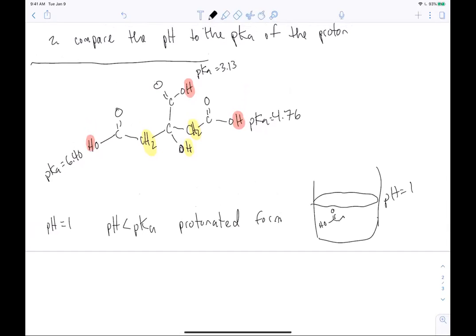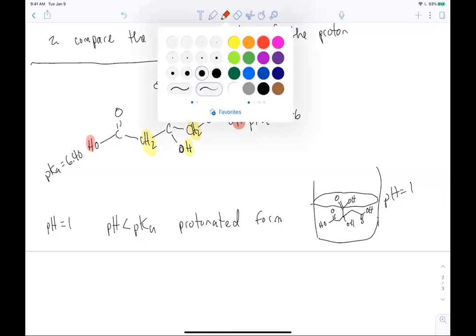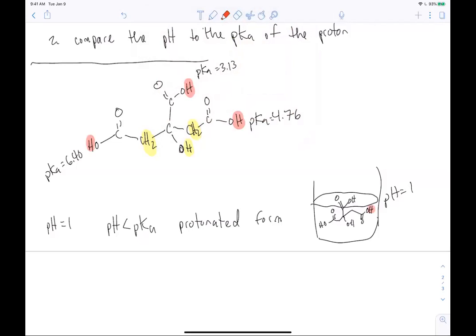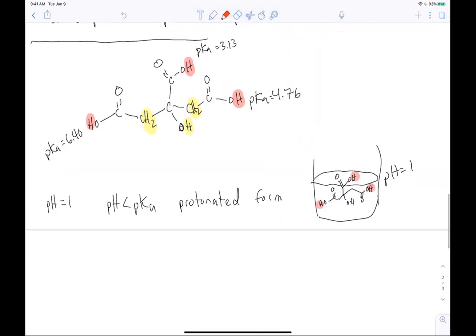It's going to be fully protonated. All of these protons are still going to be on when the pH is less than the pKa.